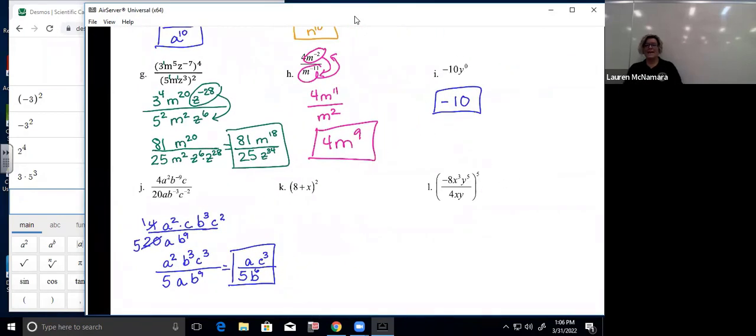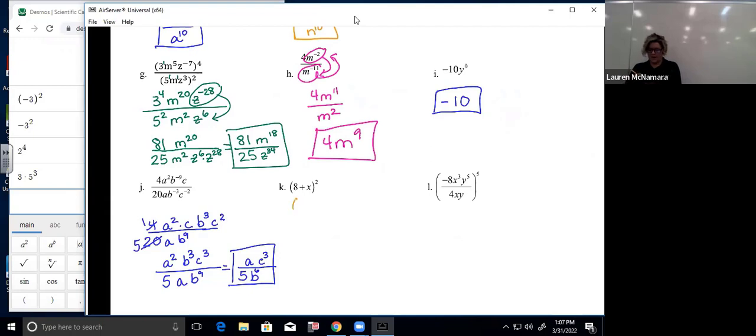Looking at K, I threw this one in here because it's not a product. It is not a quotient. So therefore, you cannot distribute that square. When you're simplifying this, it's kind of written backwards for me, but that's all right.